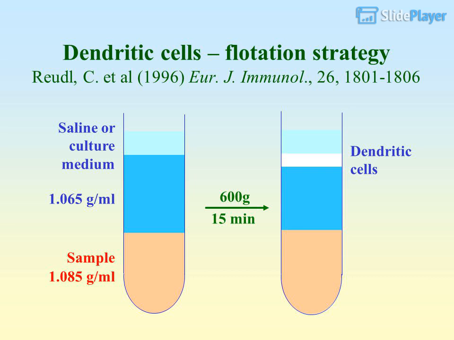Sample: saline or culture medium. Dendritic cells. 600 g, 15 minutes. The advantage of this flotation strategy is that all the denser cells, any cell debris resulting from the tissue disaggregation process and any residual enzymes remain in the sample zone and are separated from the banded dendritic cells by a clean layer of the 1.065 grams/ml solution.